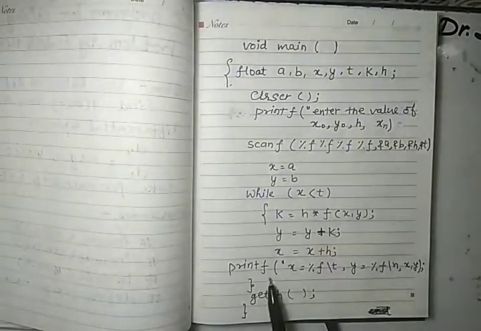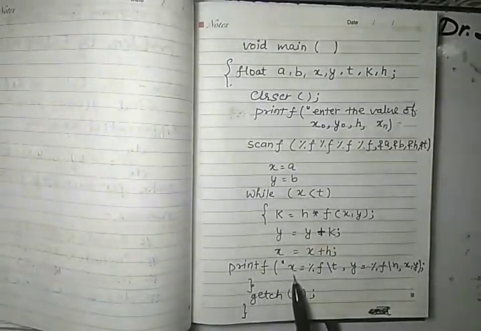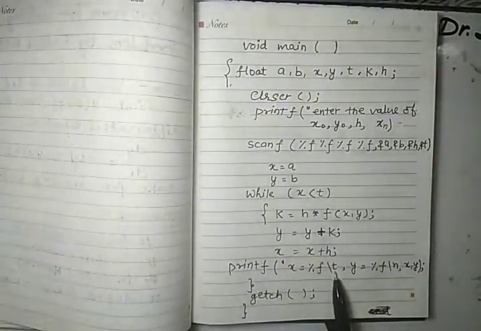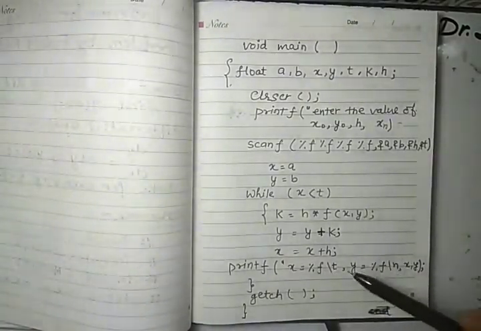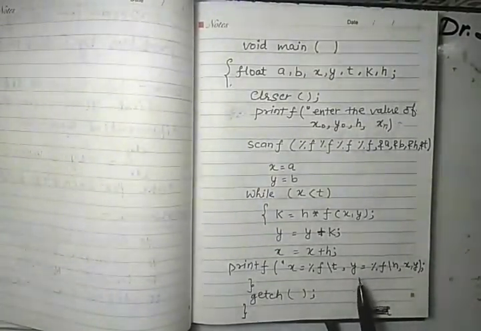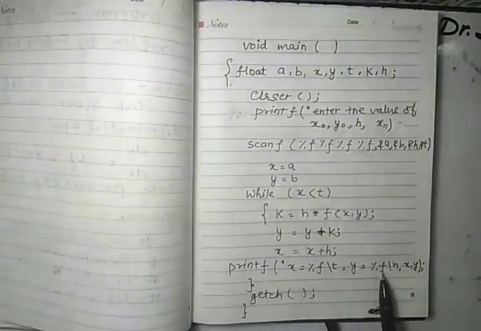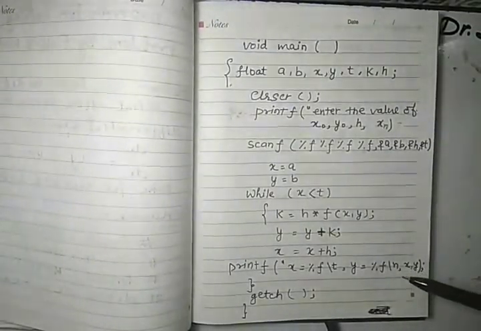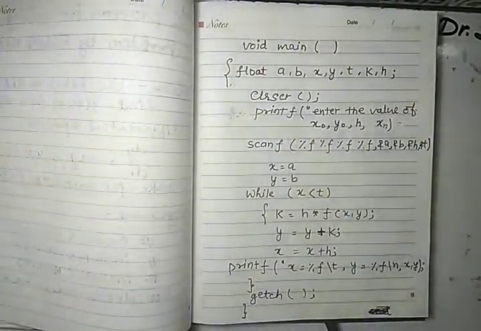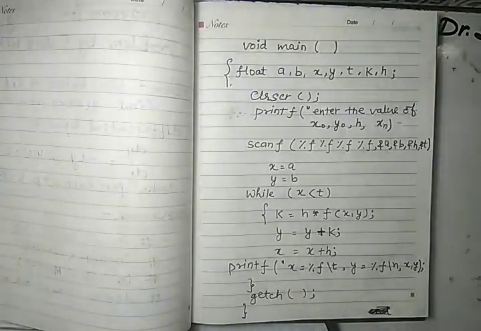So printf x, the value of x in float, we put a tab to give space, that is \t is used to put the tab or space, comma y is equal to its float value, then a new line for the new outputs, that is the different values of x taken here, x0, x1, x2, x3 up to xm.